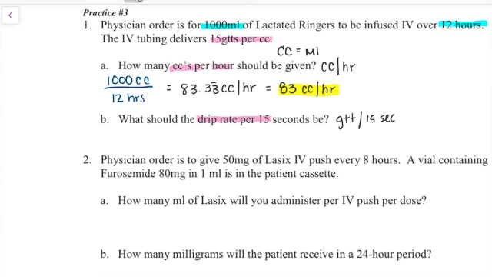So our order was for 1,000 mLs over 12 hours. We have 15 drops per mL. Drops are always given per mL.